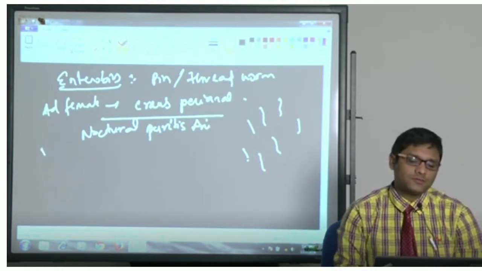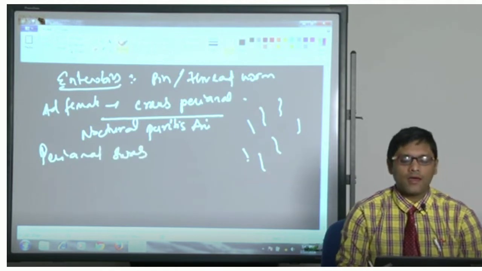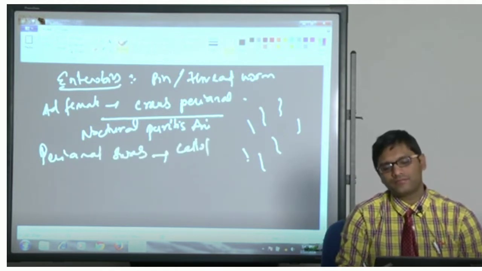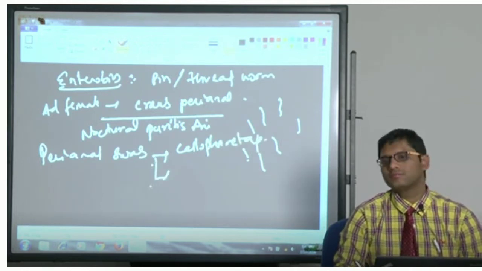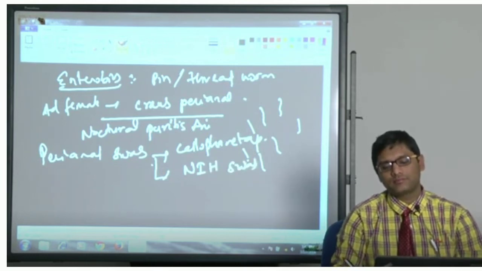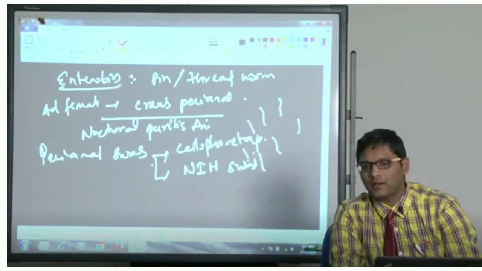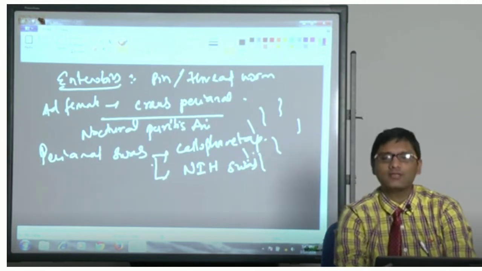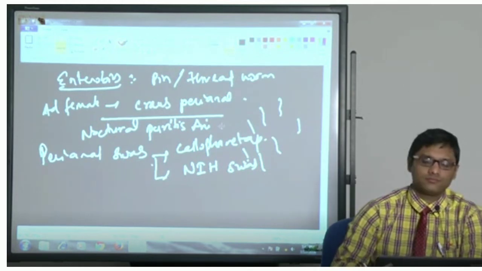The specimen of choice is a perianal swab, either by a cellophane tape or by a specialized swab called NIH swab. NIH, that is National Institute of Health swab, is a specialized swab designed to collect perianal swab for Enterobius.